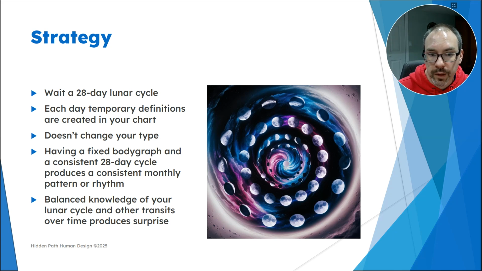So you have this fixed body graph, which is based on a fixed point in time when you were born, and this doesn't change. This is what's consistent in your life. And also, what's consistent is the moon phases through a 28-day cycle, through each of the 64 hexagrams in the human design system.